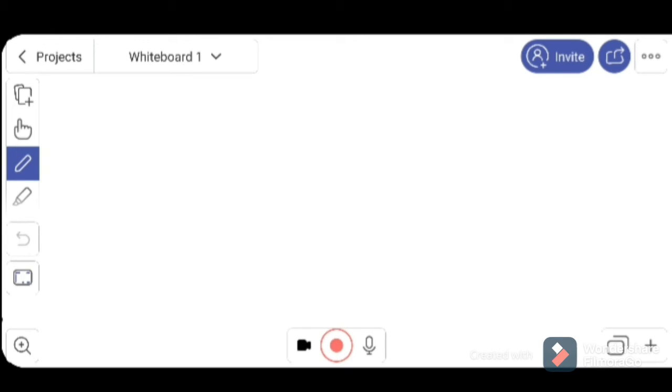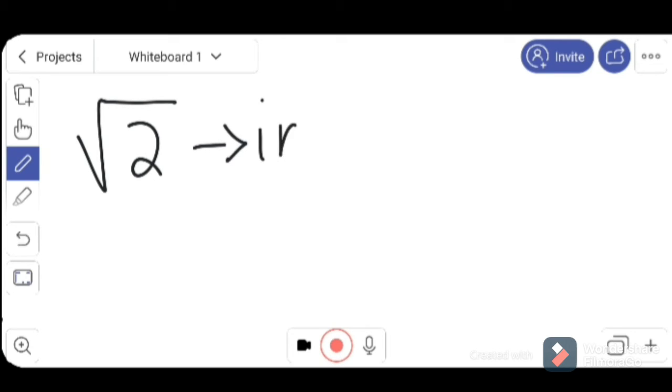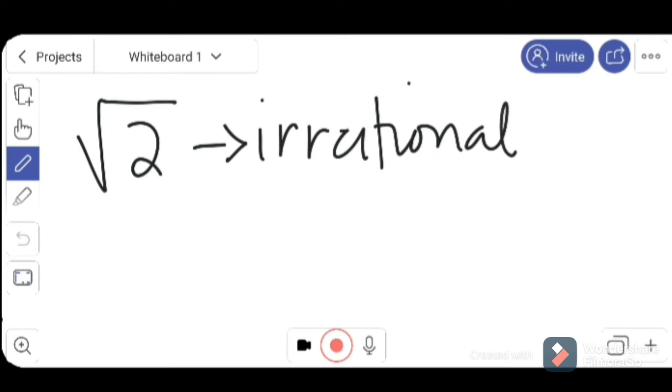Example, the square root of 2. 2 is not a perfect square. Therefore, this is an irrational number. Okay? Because it is not a perfect square.